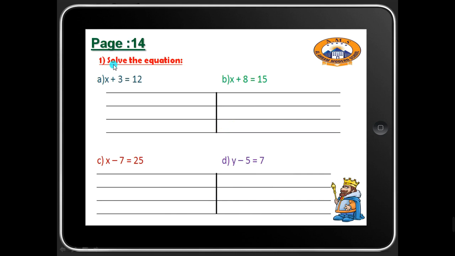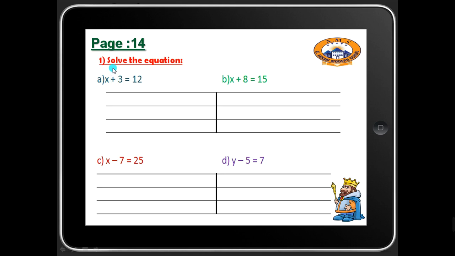Here we will start with exercise number 1 in your mini booklet, page 14. Solve the following equations. Here I have x plus 3, it will give me 12. A number, if I add it to 3, the answer is going to be 12. This is easy. I want to get the value of x. You will see that x has a number near it, plus 3.